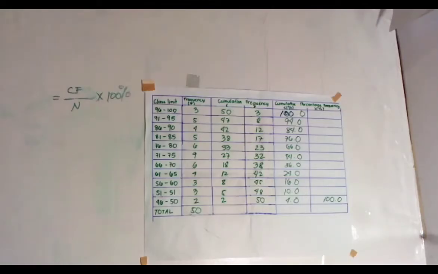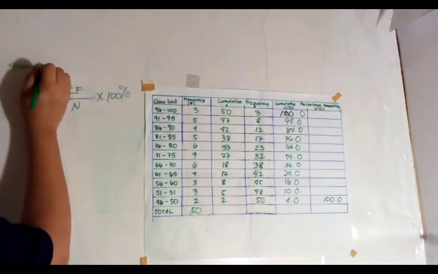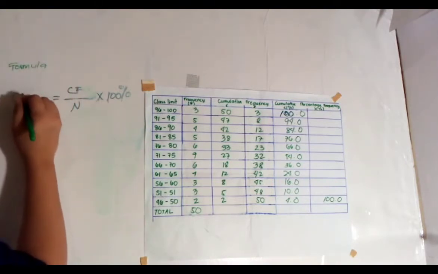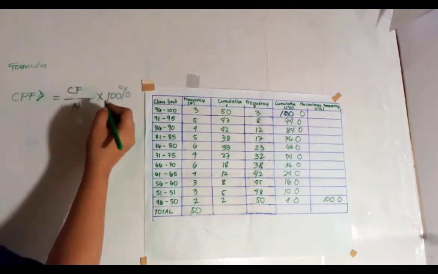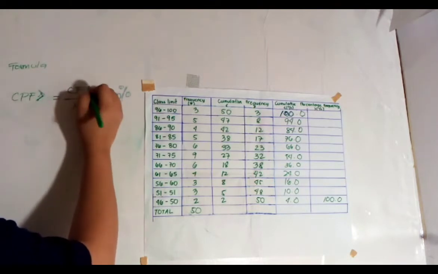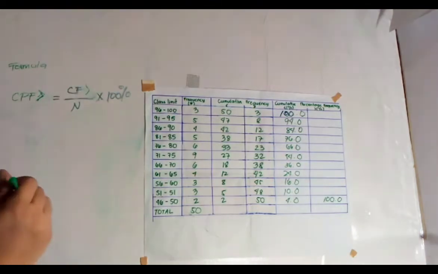How to find cumulative percentage frequency greater than percent? So first, we have a formula. So this is the formula. CPF greater than equals CF greater than over the number of cases times 100.